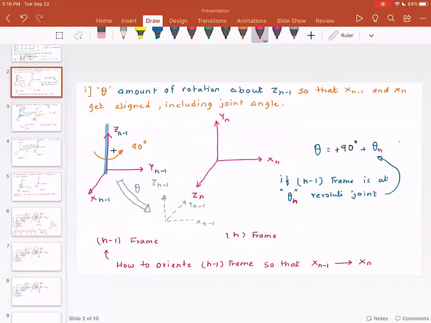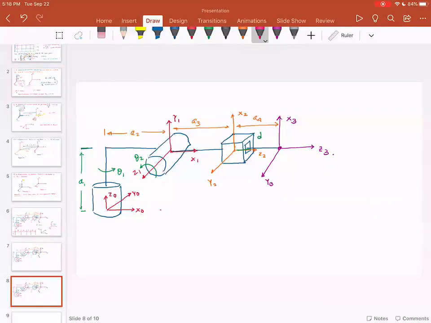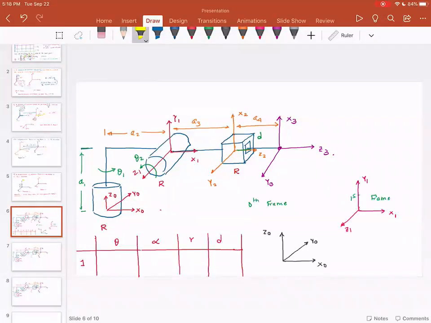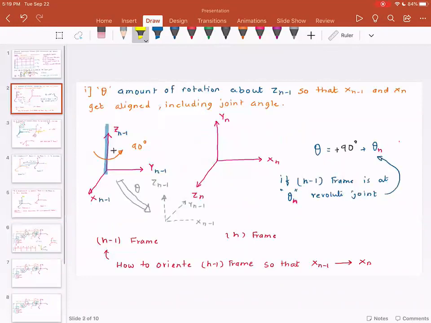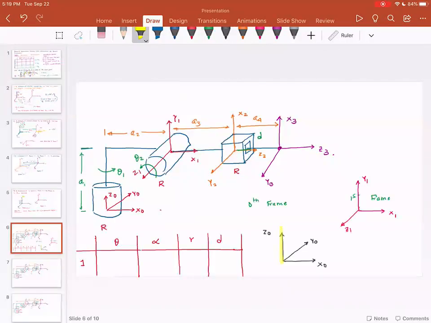For theta, I should be looking at Zn minus 1, my coordinate frame, which is this. Then second thing, I should be looking at the rotation about Zn minus 1 so that Xn minus 1 gets aligned with Xn. The axes that I'm looking at are X0 and X1. So I want to find out the amount of rotation about Z0 that would align X0 and X1 axis.